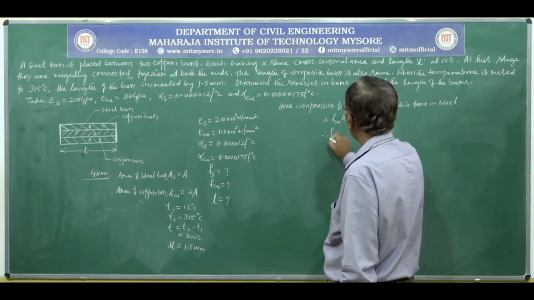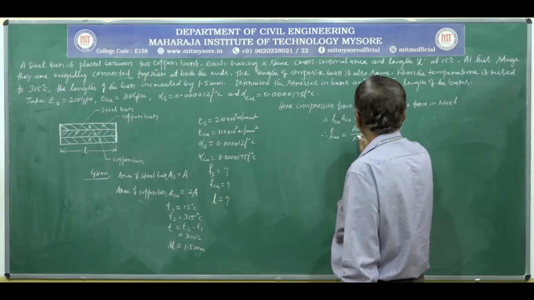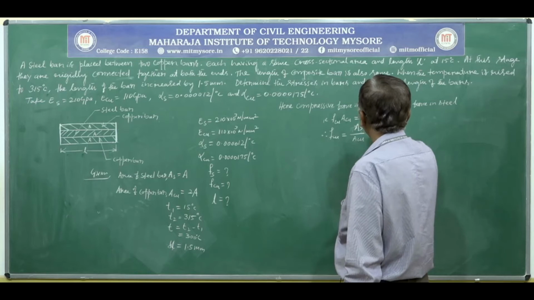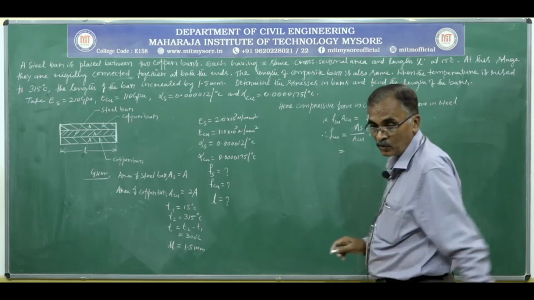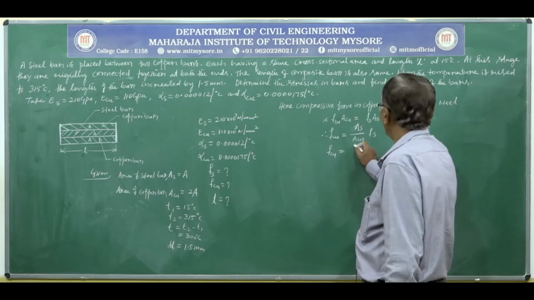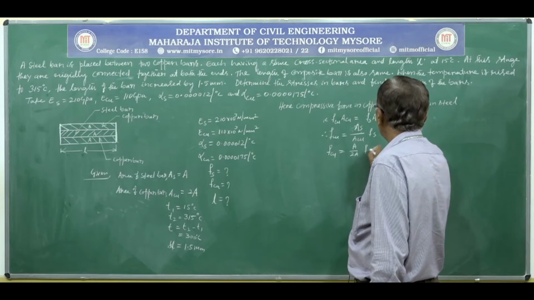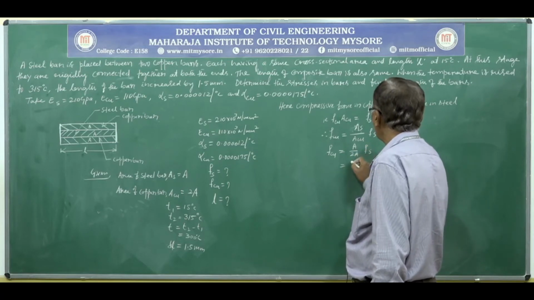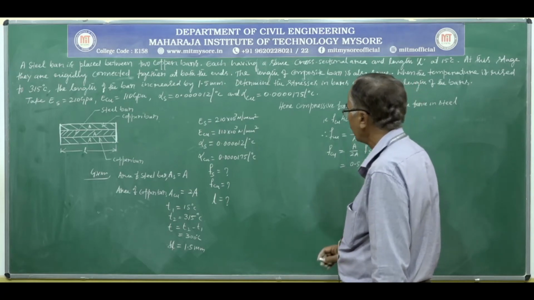Therefore, FCU is equal to AS divided by ACU into Fs. Therefore, we will get FCU is equal to A divided by 2A into Fs, that is equal to 0.5 times Fs.